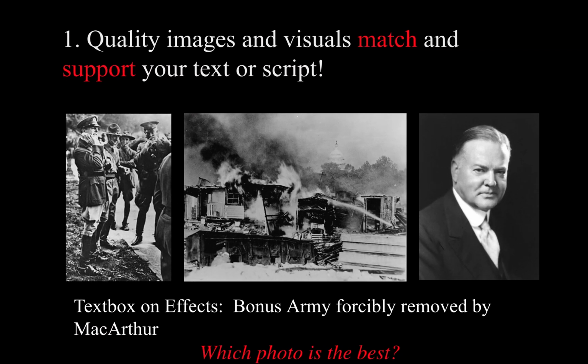Okay, for this one, let's say you have a text box on your effects, and it's about the Bonus Army being forcibly removed by MacArthur. All right, although MacArthur is pictured on the left, and we have Herbert Hoover on the right, both of which play a role in this, the middle picture would be the best because it's showing how they're being forcibly removed.